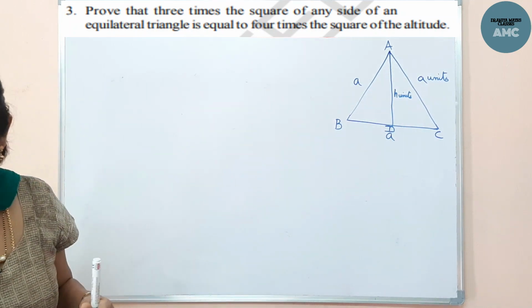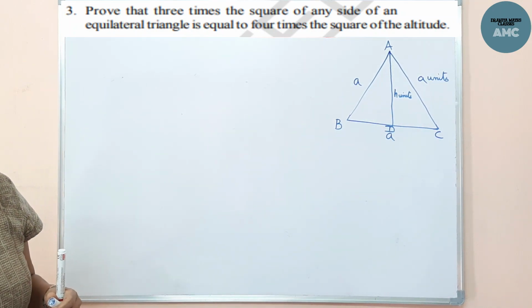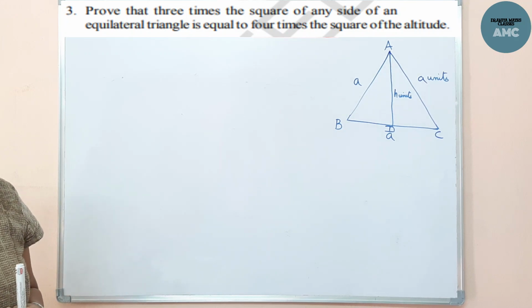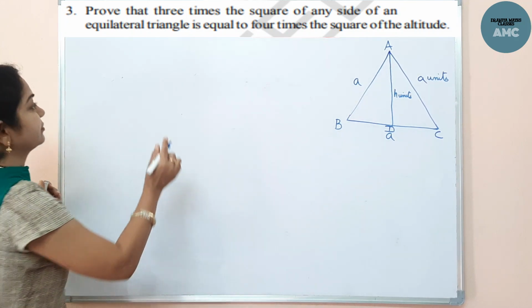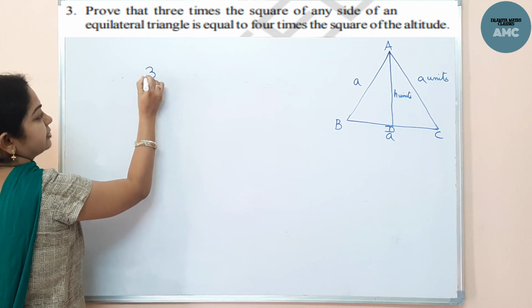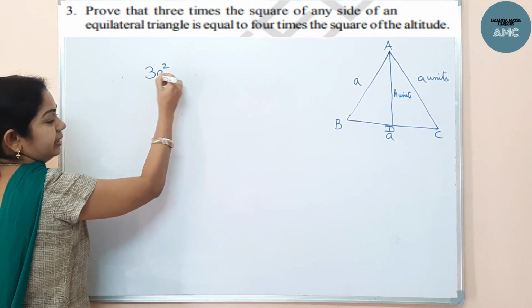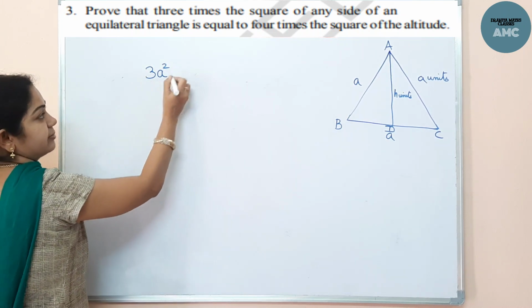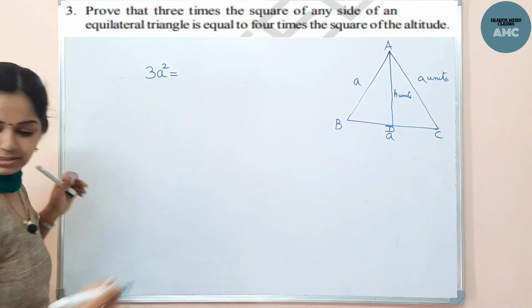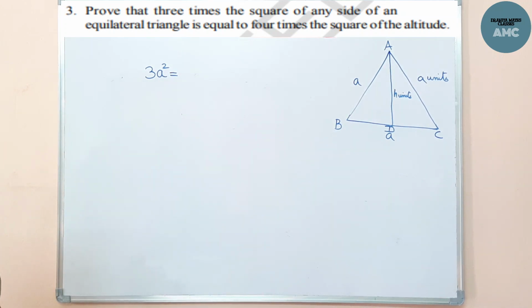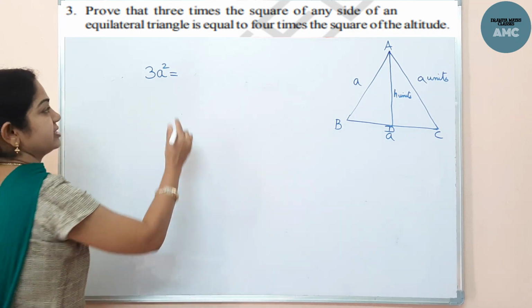Now what we need to prove is that 3 times the square of any side, any side is A, 3 times is equal to 4 times the square of its altitude.